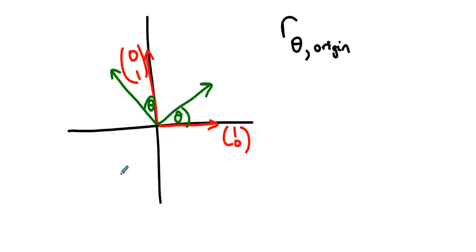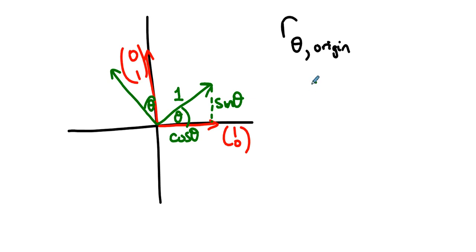So we're looking to see what the image is. What happens to (1, 0)? Well, this has length 1. This side right here, that's the cosine of theta. And this side right here, that's the sine of theta.